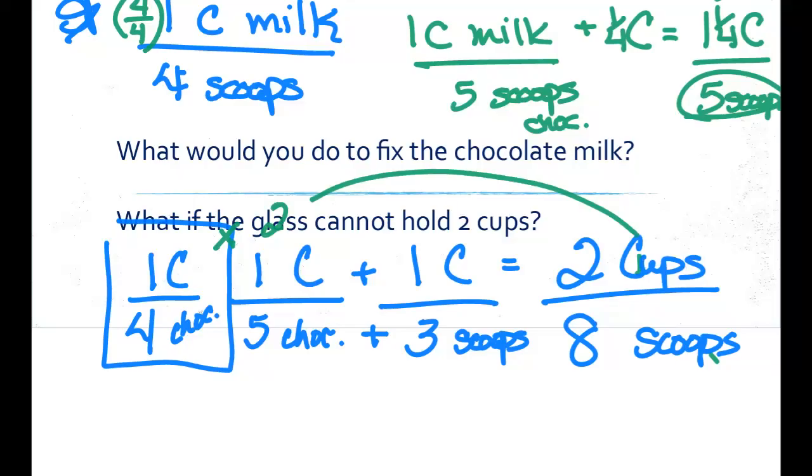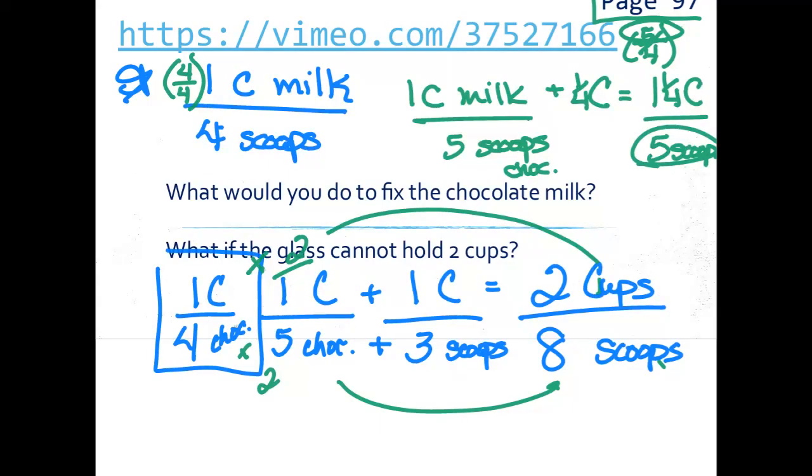And so 4 times the 2, because 2 over 2 is really just 1, gives me the 8 scoops. Okay? All right. Now that's just chocolate milk. Let's go on. Are we ready?